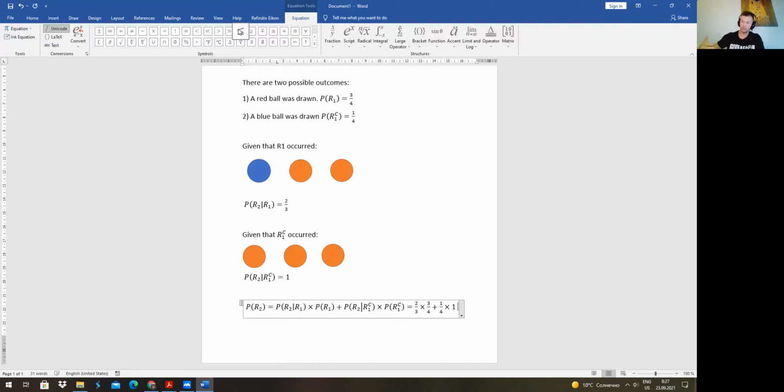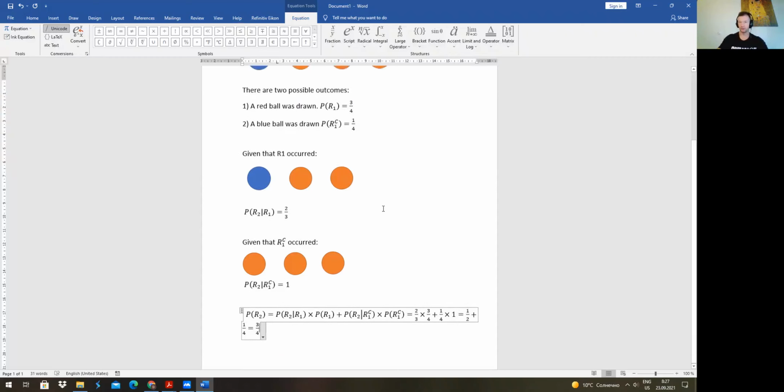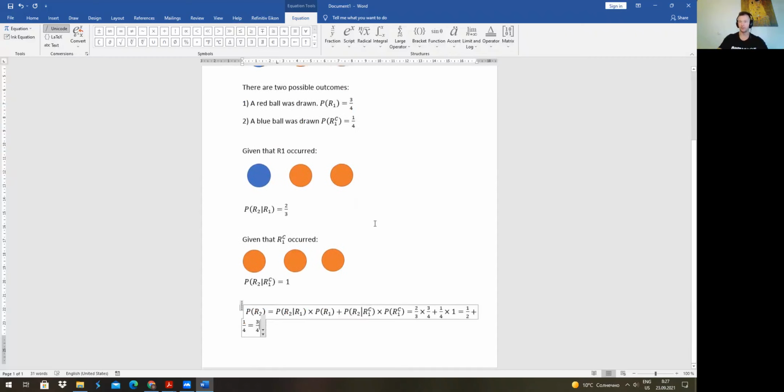I need to lay down all possible ways how I will arrive at that second event. I can get a red ball on the second step, either having a red ball on the first step or having a blue ball on the first step. And this gives me what? So this is 1 over 2 plus 1 over 4. In total I have 3 over 4. So those who said 3 over 4 were correct.